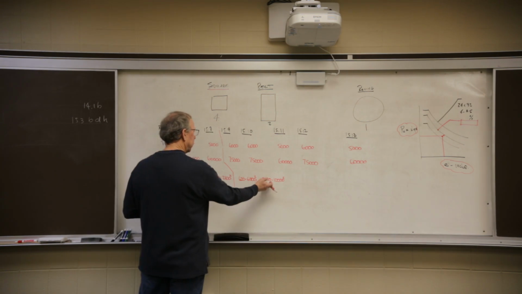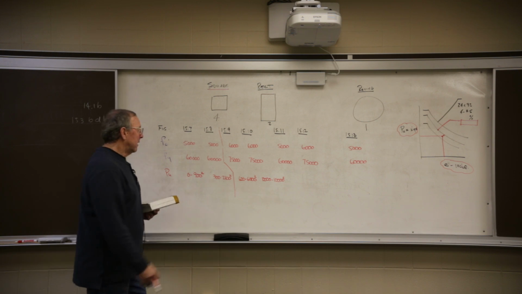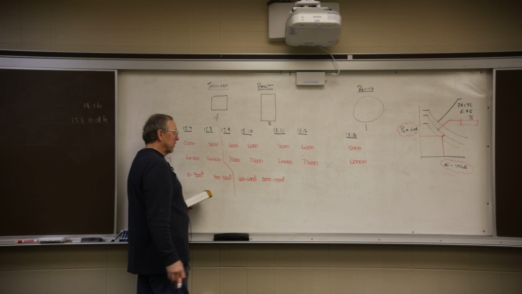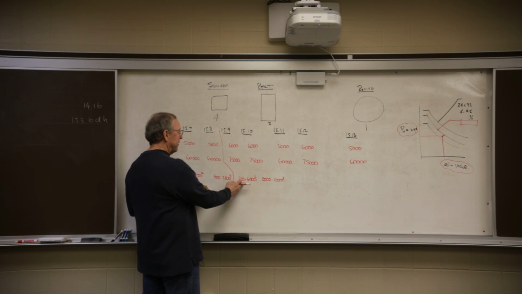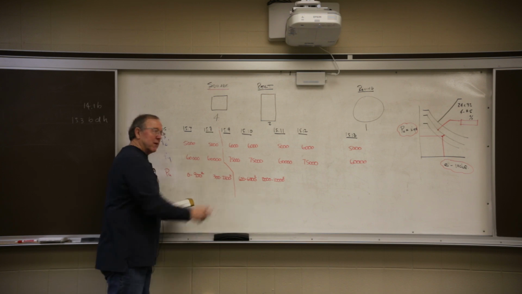If this load was 4,000, you could use both. If it's 7,000, you got to use this one. 10,000, you have to use this one. If it's around 800, 900, 1,000, up to 2,000, you would have to use that one.